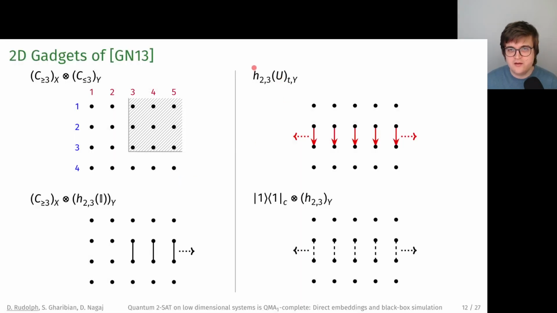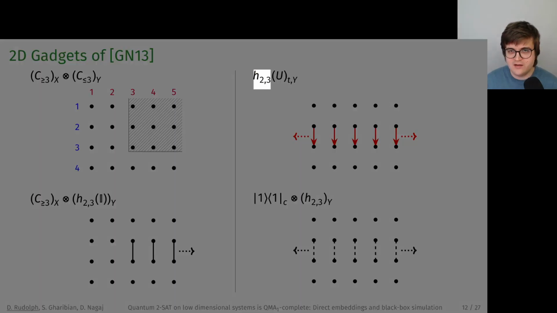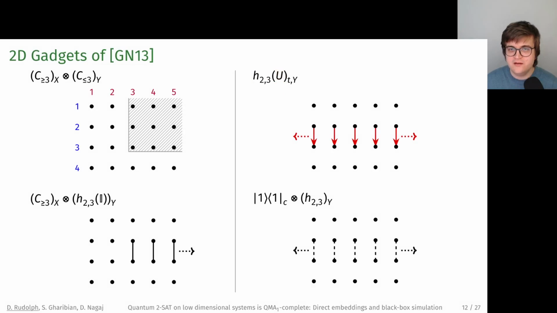We can build a unitary transition on the y-axis. Here these arrows indicate that these transitions would continue along the x-axis in the full row, which is just because we want two-local gadgets and the H_clock takes up one locality and the U takes up the other.